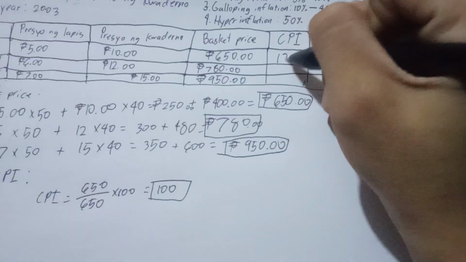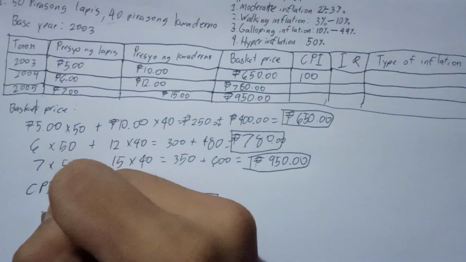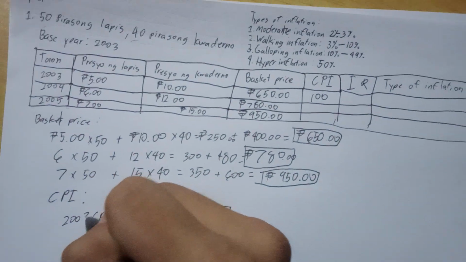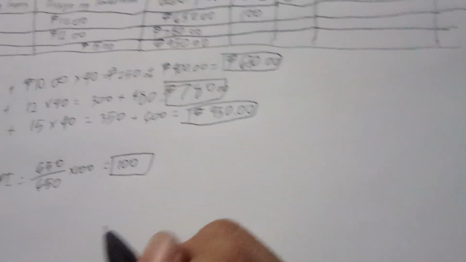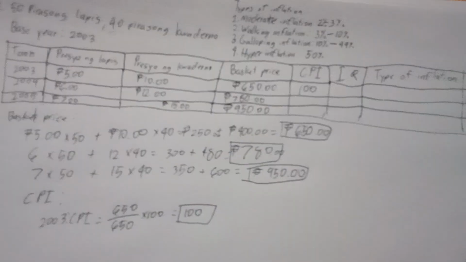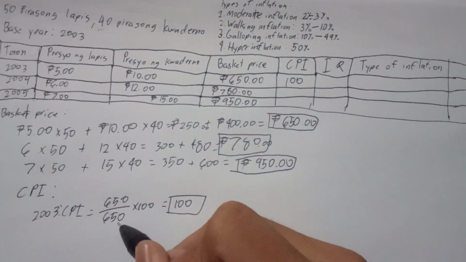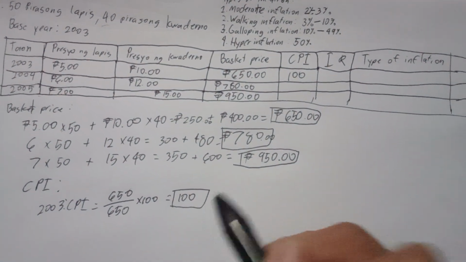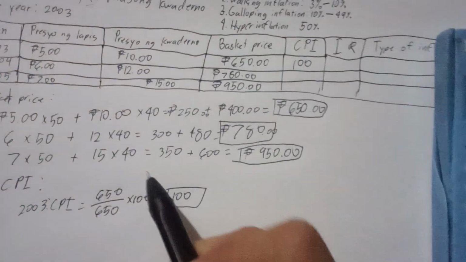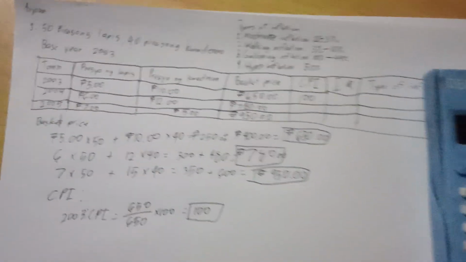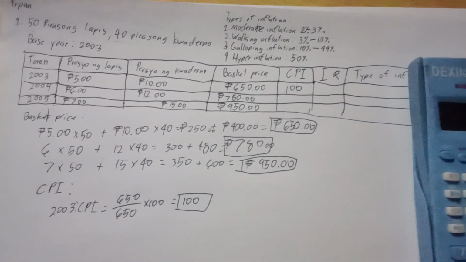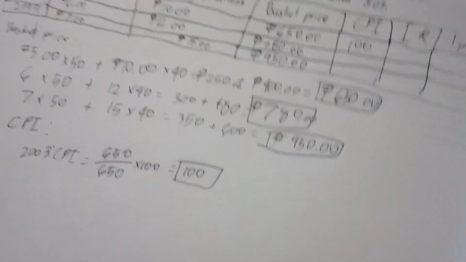So our CPI for 2003 is 100, because if we divide these two, 650 divided by 650 is 1, and then 1 times 100 is 100.